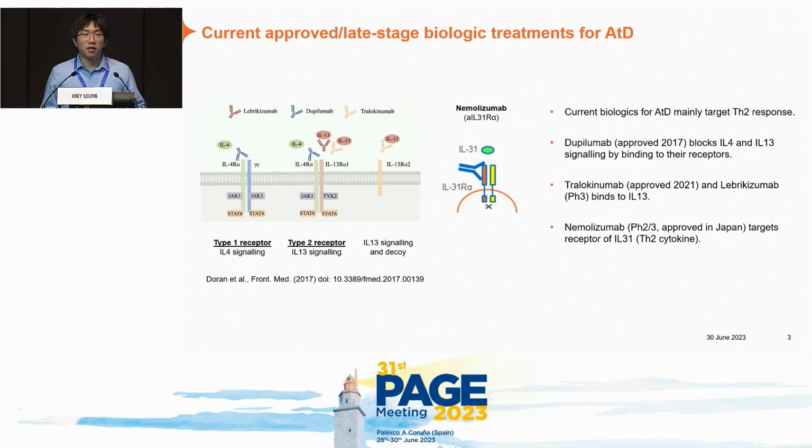There are more recent anti-IL-13 treatments, including tralokinumab and lebrikizumab. And another Th2 cytokine, IL-31, is also a target for some treatments in late stage development.